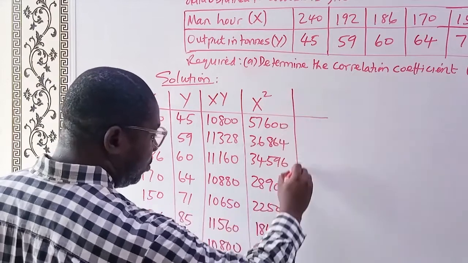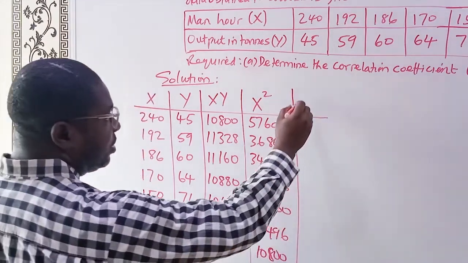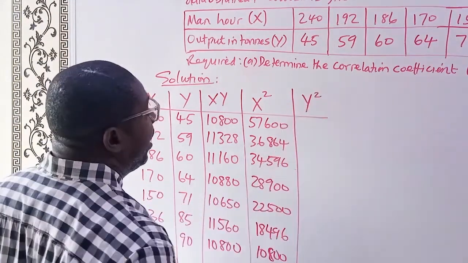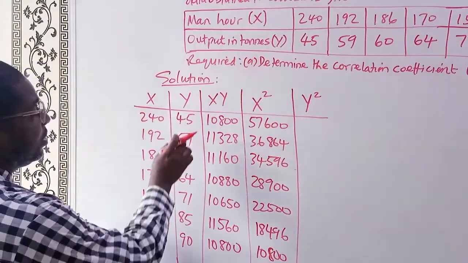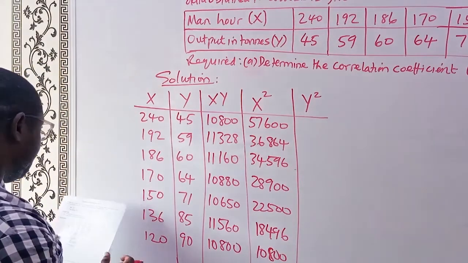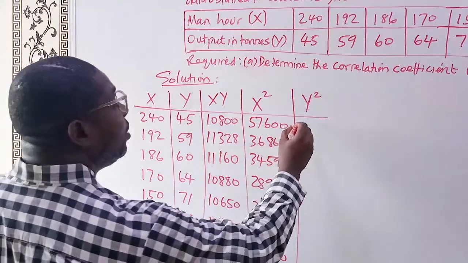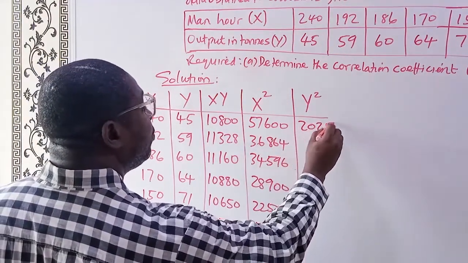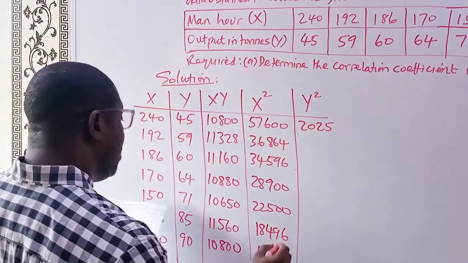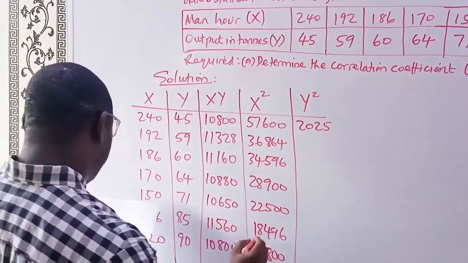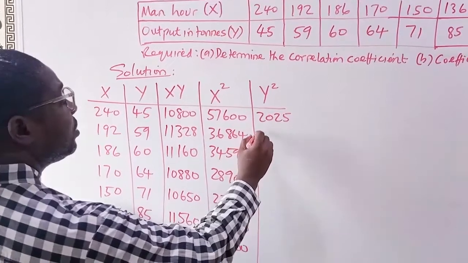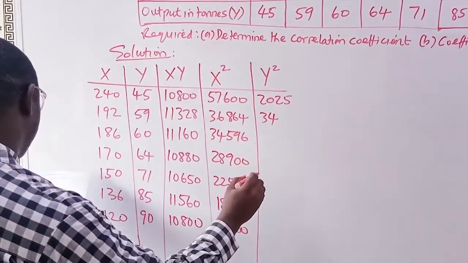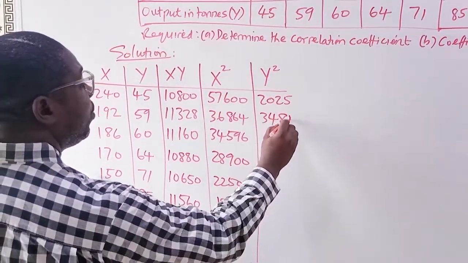The next one we need to determine is the square of Y. That's finding the square of these values. The first one, the square of 45, will give us 2,025. The next one, square of 59, will give us 3,481.